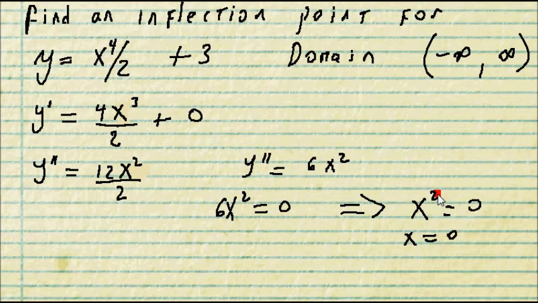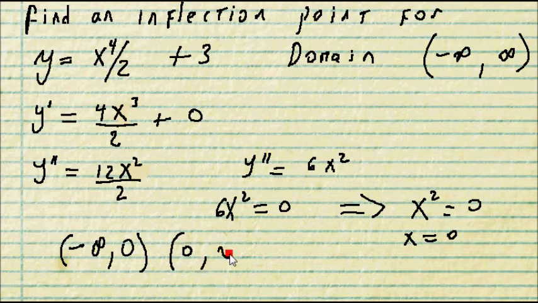So I am going to see what is happening to the concavity of this function between negative infinity and 0, whether it's concave up or concave down. I'm going to test for concavity between negative infinity and 0. Then I'm going to test for concavity between 0 and infinity.